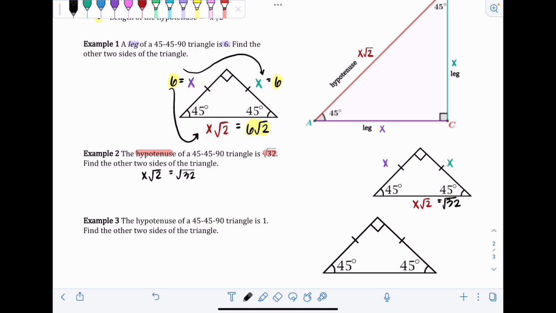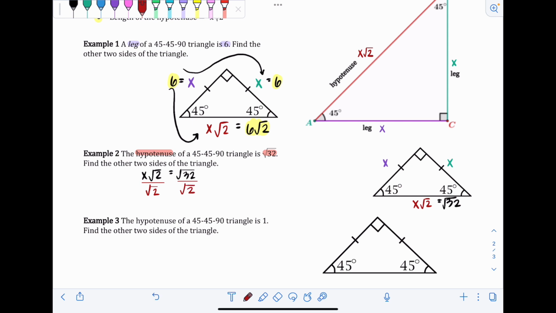You can simplify the radical and then divide and you'll end up with your answer. Or if you recognize that if you see a number being multiplied by x, you're going to divide both sides by that number. So I'm going to divide both sides by 2.